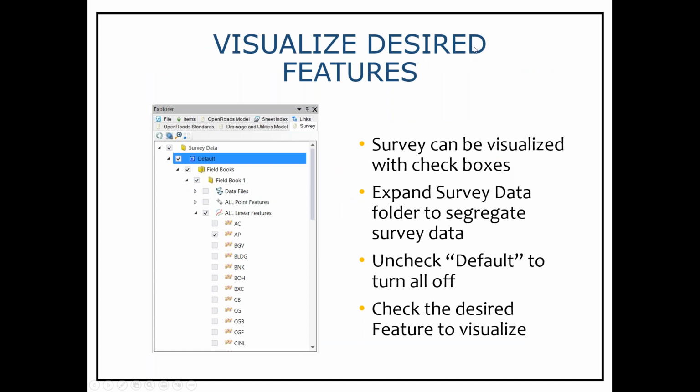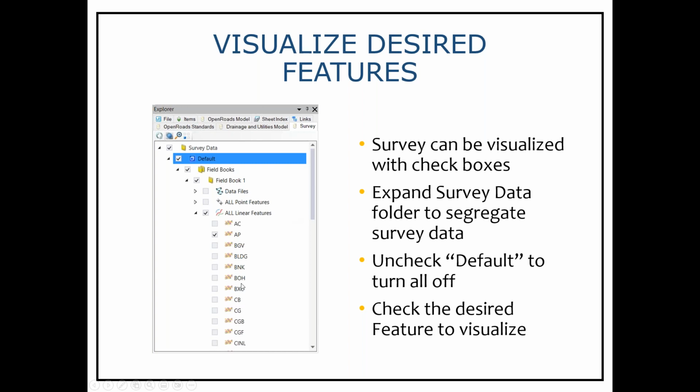Visualize desired features is a functionality of the field book, and it's the same as in SS10. I recommend that you go up to the default right here and uncheck it so everything that's in the field book will clear out. Then you can go down to the field book and select just the AP points, or AP chains in this case, if that's what you want to see, or just points.